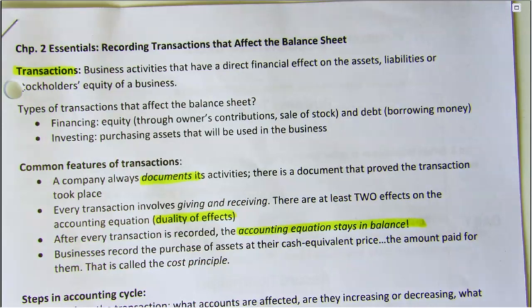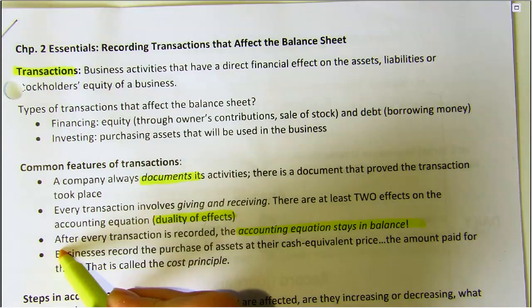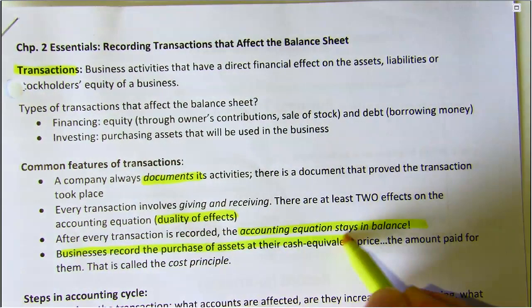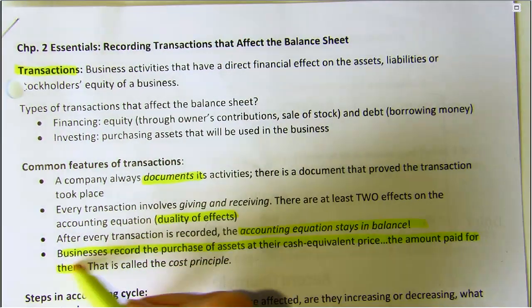And then finally, what do we record the purchase of assets at? We record them at their historical cash equivalent price, the amount paid for them on the date that the transaction occurs. This is very important. It's called the cost principle.